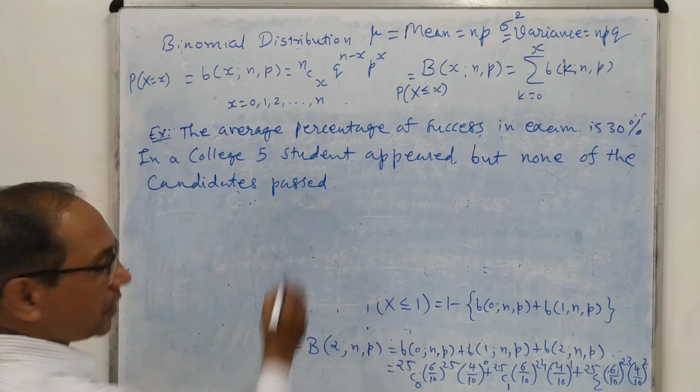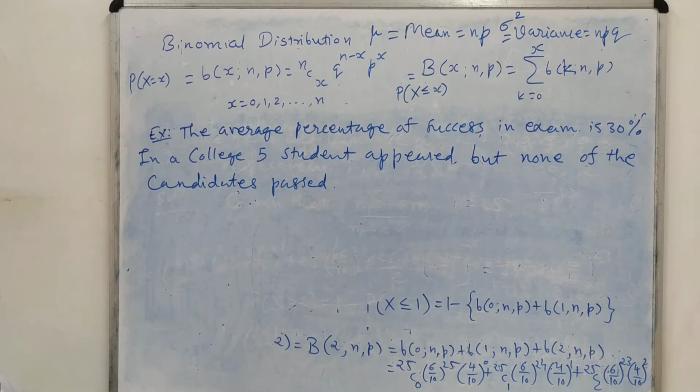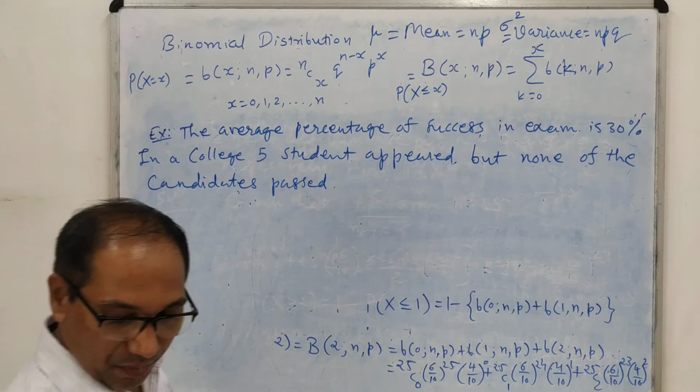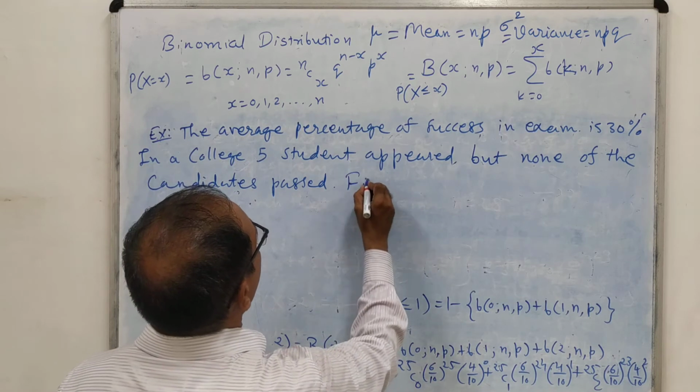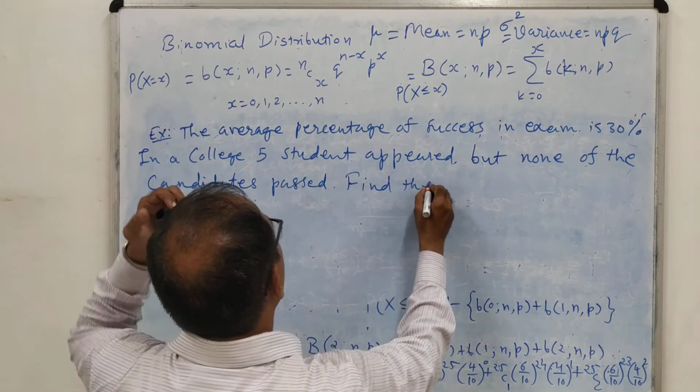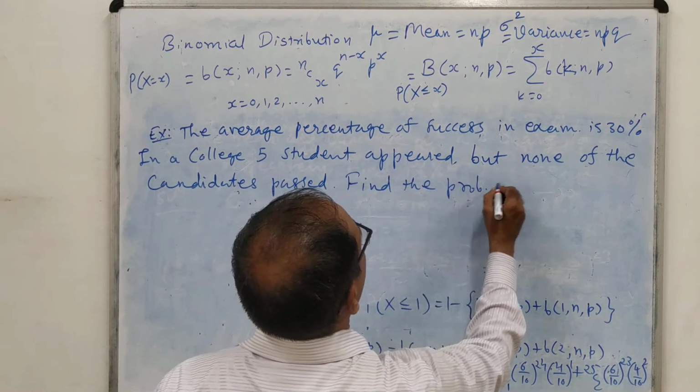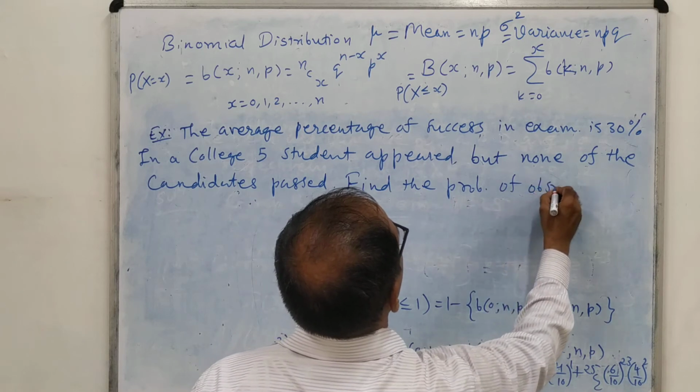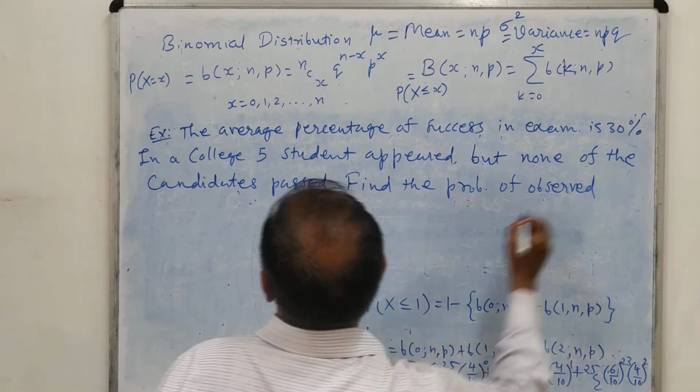That is, not succeeded. Okay? Find the probability of the observed result.